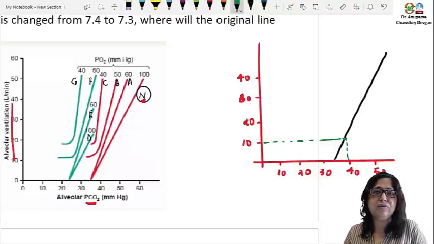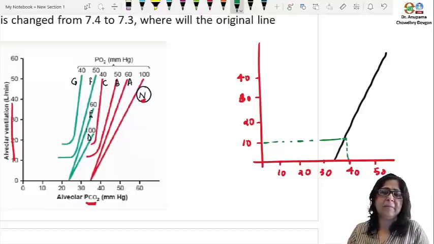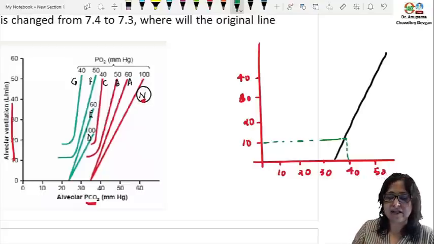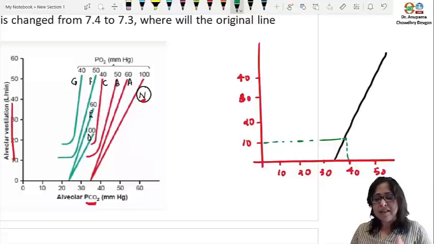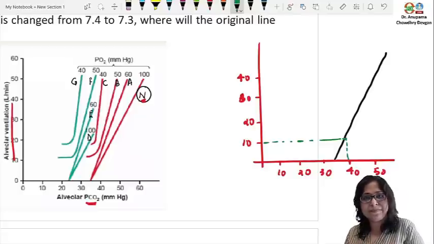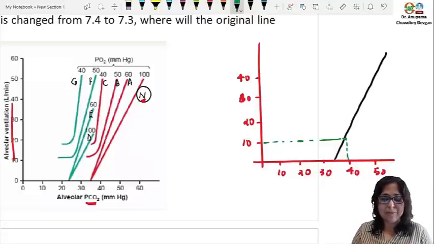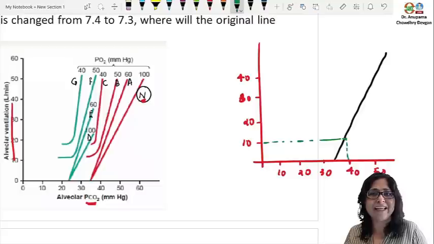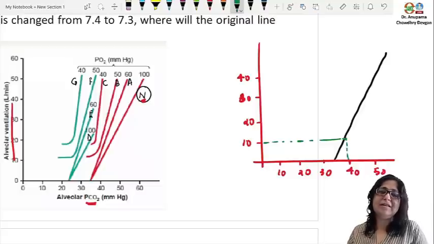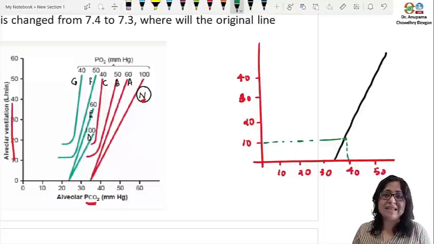At a normal PCO2 level, there is some effect on ventilation. What I'm trying to say is basically, this line is not starting from 40. The starting point is somewhere between 30 millimeters of mercury and 40. So at a normal CO2 level of 40, there is some basal level of stimulation of the peripheral and the central chemoreceptors.